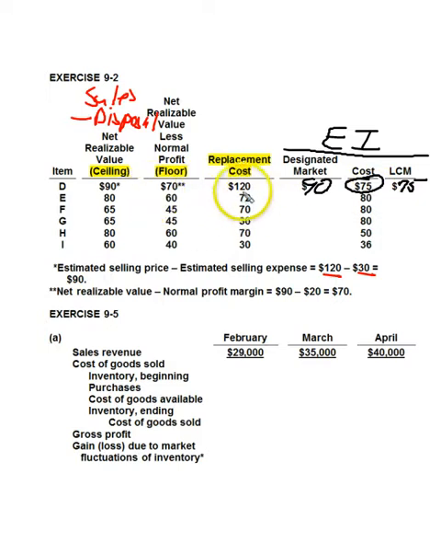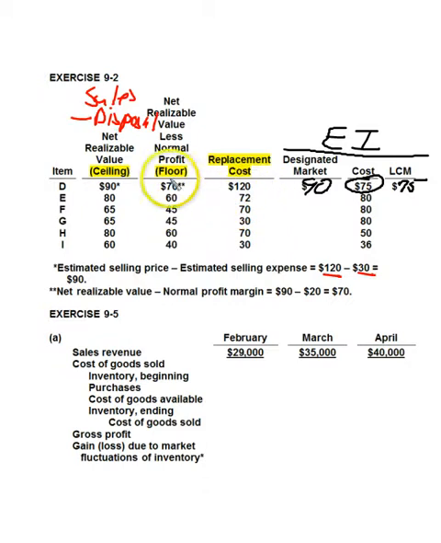The next one, we have replacement cost of 72. If you go to your narrative, you're going to solve for a net realizable value of 80 this time. Subtract the $20 profit margin to get 60. And then I look at my replacement cost. It can't be above the ceiling, which it is not, but it also can't go below the 60, which it is not.